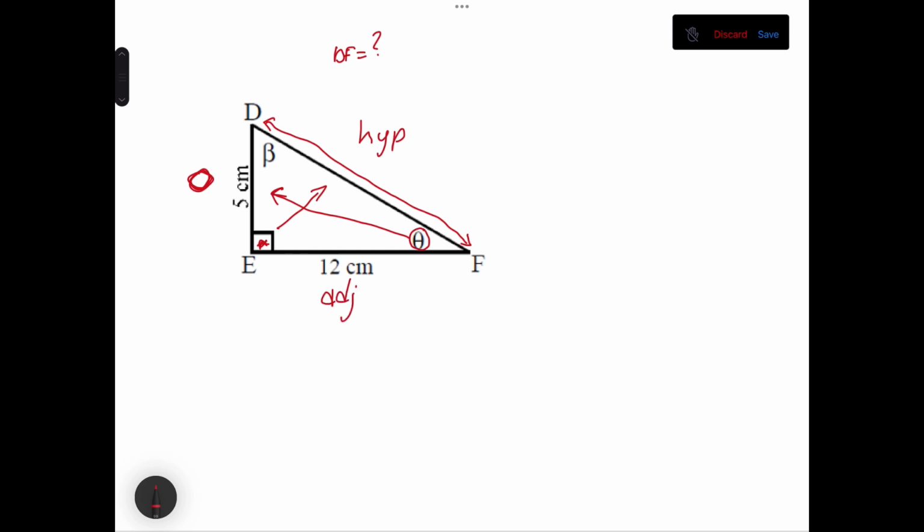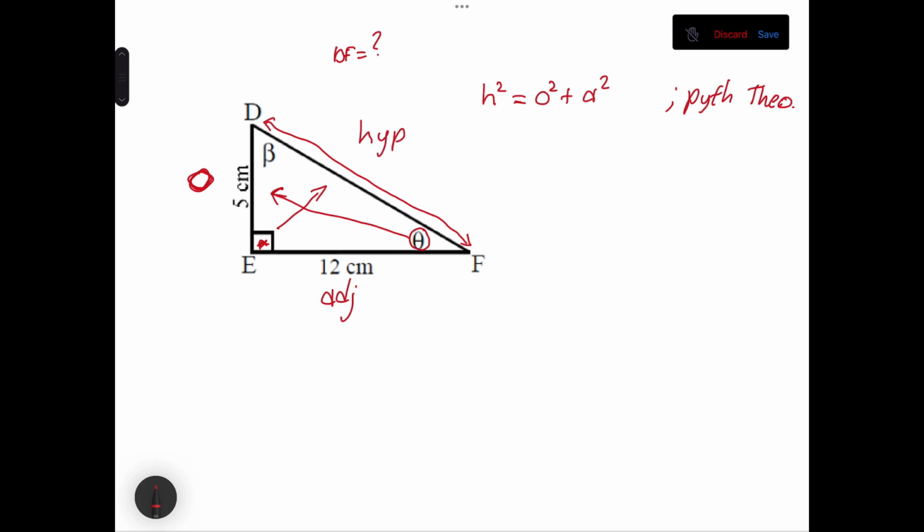When we see these opposite, hypotenuse, adjacent sides, we think about this formula: h squared equals o squared plus a squared. What formula is this? It's the Pythagorean theorem. I said earlier you'd be familiar with the formula that we're going to use.